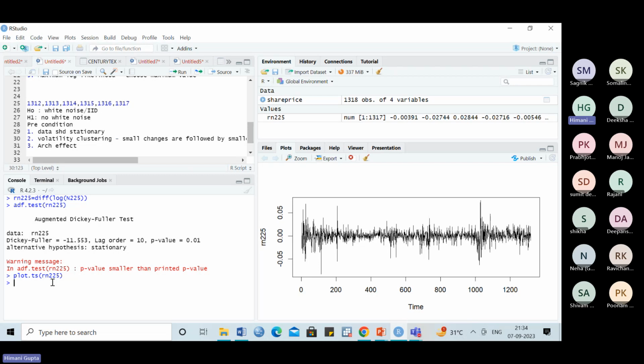I think there's some problem in this. Just see whether you can get it or not, because I am not getting it in the drop down menu. ArchTest Rn225.